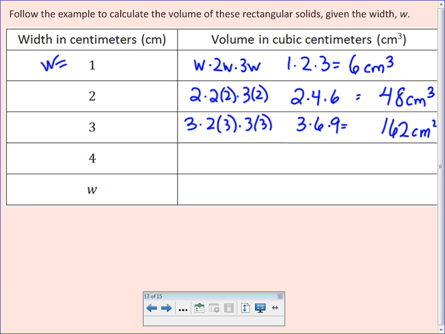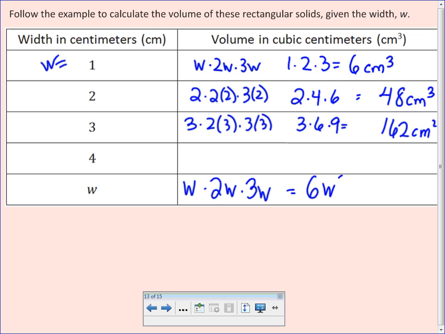Since the bell's going to ring, I want to jump down to the last one, make sure we get the last one done. So we have W times 2W times 3W. So what do I get when I multiply that together? Kind of looked at it on the first page already. What's 3 times 2? 6. What's W times W times W?